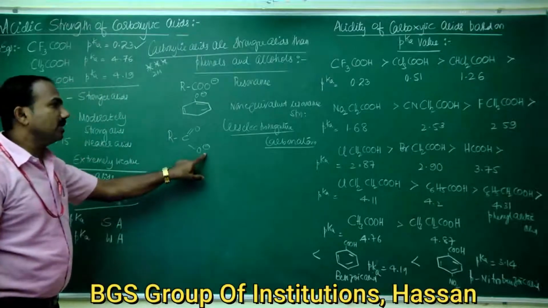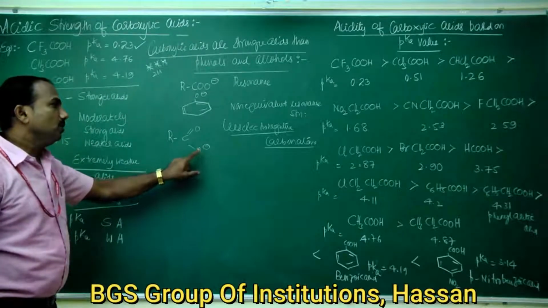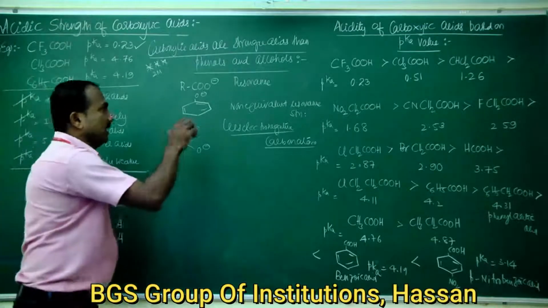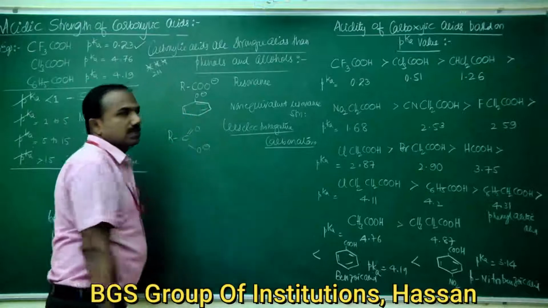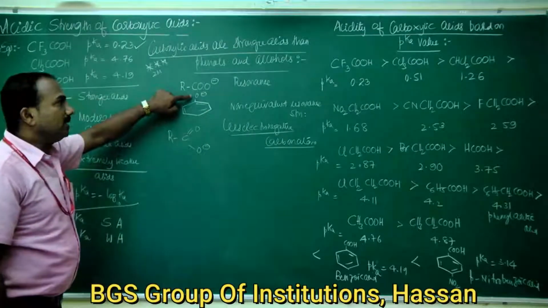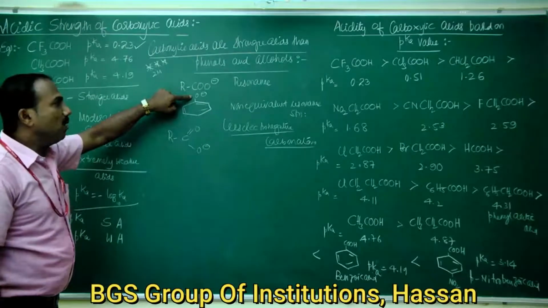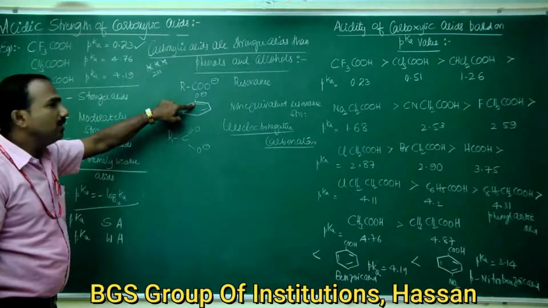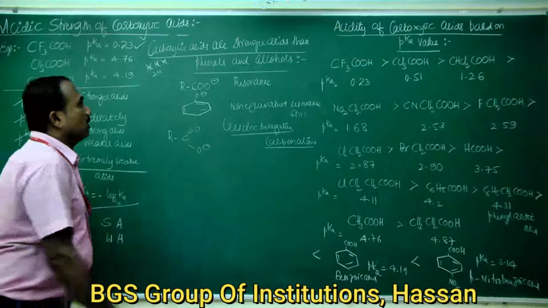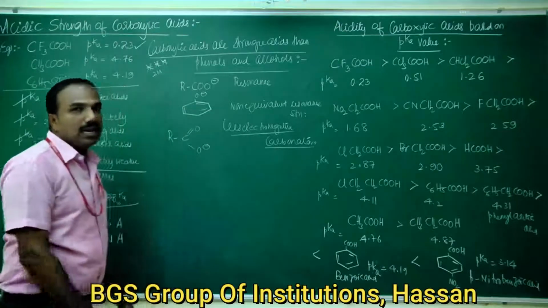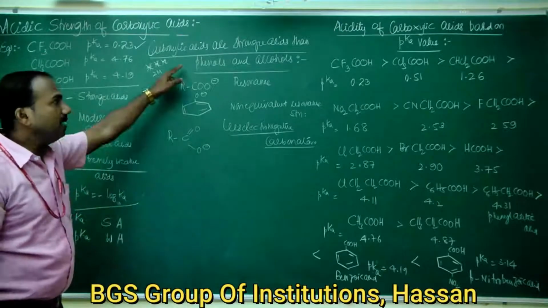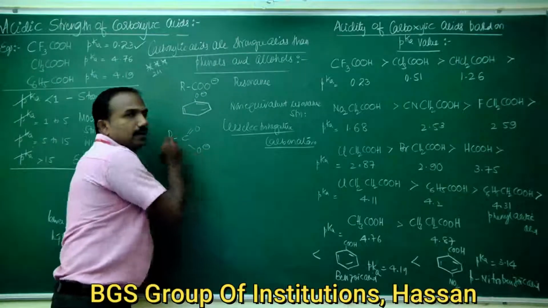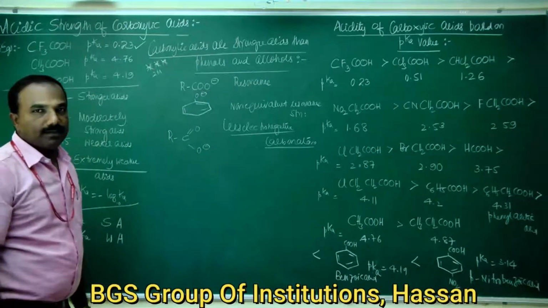Therefore, the negative charges are present at the 2 more electronegative oxygen atoms. But in the phenoxide ion, the negative charges are present at the less electronegative oxygen atom and the less electronegative carbon atom. Therefore, carboxylic acids are stronger acids than phenols and alcohols. So this reason should be written in the examination.